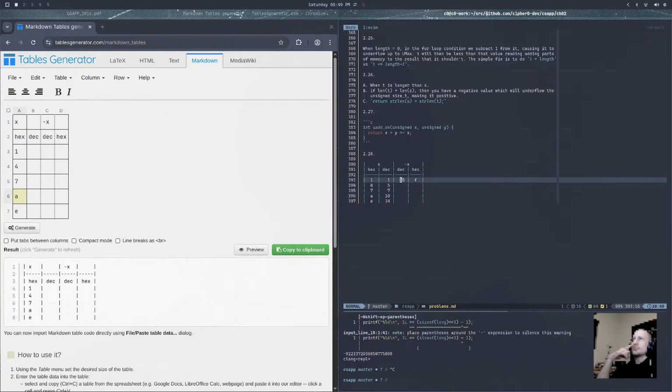So 15, negative 15. I guess it's positive. 15 plus 1 would be 16, would be 0. That seems wrong.